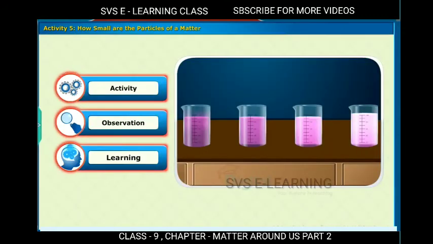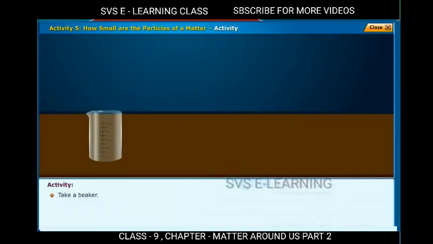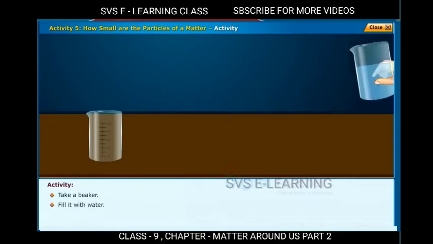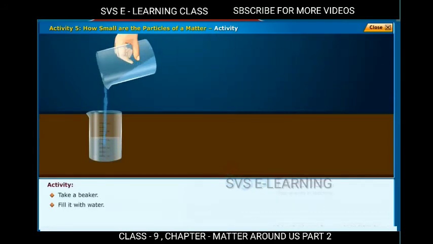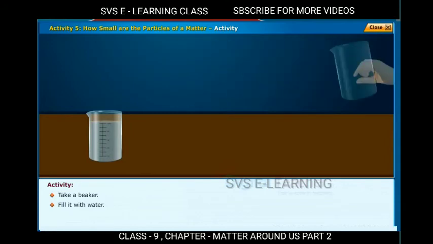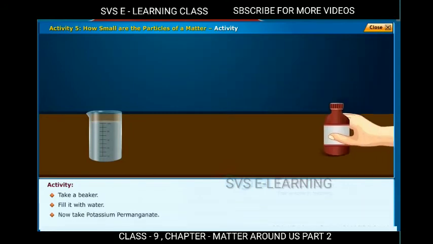Here, let us perform an activity to know how small the particles of matter are. Click each tab to know more. Take a beaker. Fill it with water. Now take potassium permanganate.